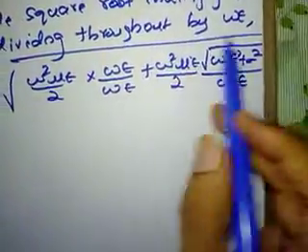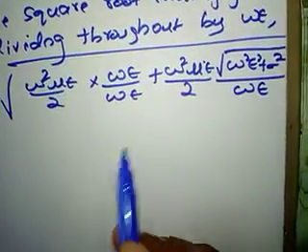So inside the square root, I am multiplying and dividing throughout by omega epsilon.